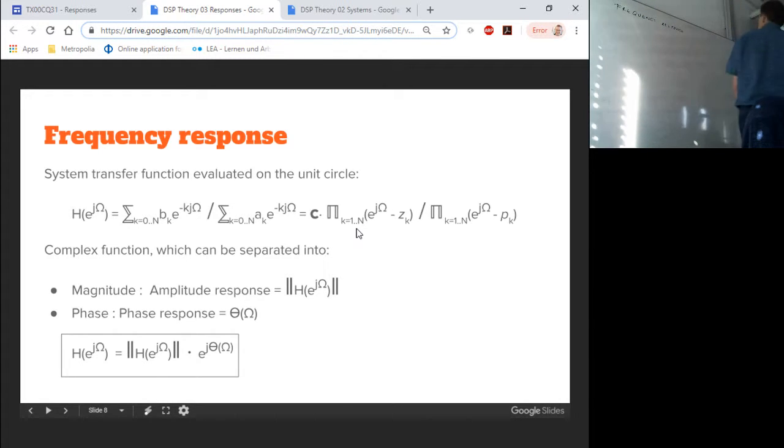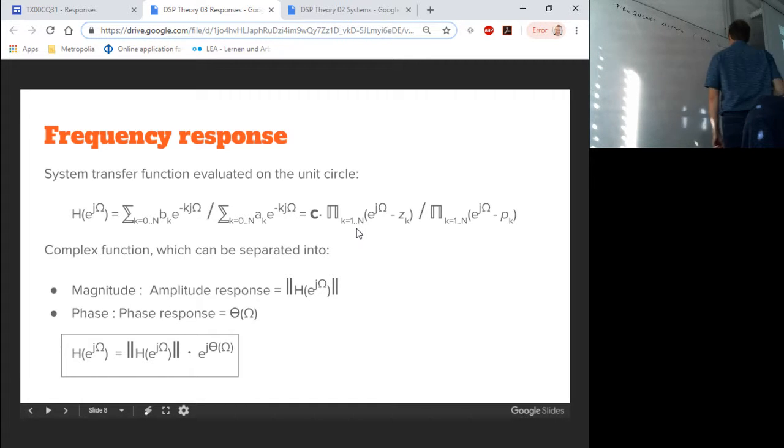Similar to the analog world, you have the transfer function H of S. You just replace S with j omega, you get the frequency response of the system.